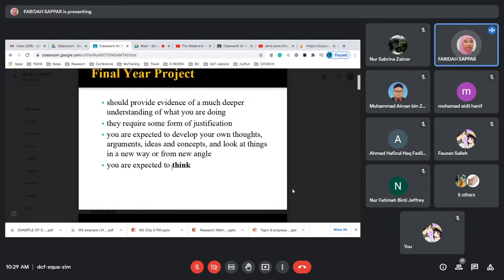Okay, it says that when we do research methodology, it should provide evidence for a much deeper understanding of what you are doing.